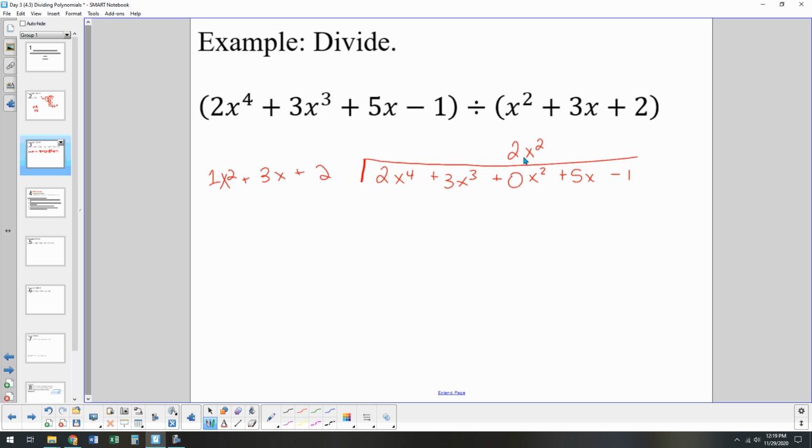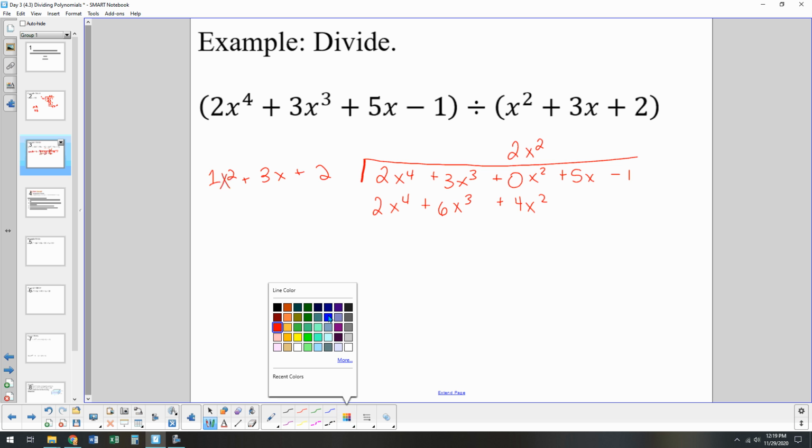So same as long division before, I'm going to take this term and multiply it by the whole thing. So 2x squared times 1x squared is 2x to the 4th. 2x squared times 3x is plus 6x to the 3rd. 2x squared times 2 is plus 4x squared. So just like before, we're going to subtract now.